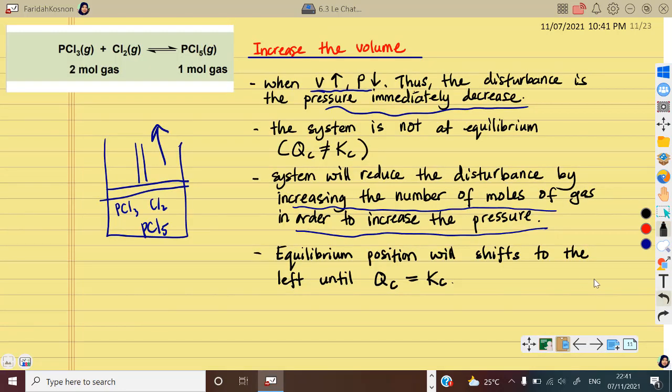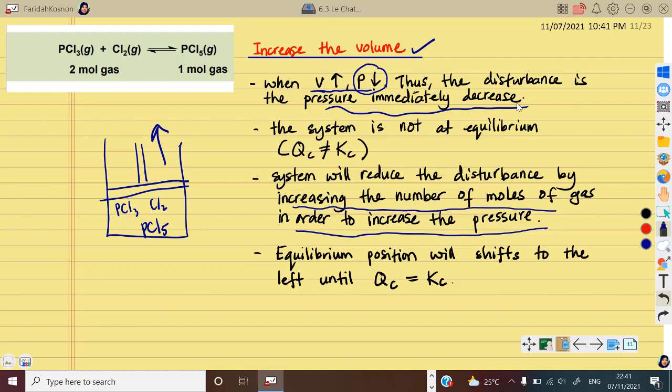Alright, the next example ataupun perbincangan kita adalah kalau the volume of the container is increased. Okay, maksudnya kalau saya ada sistem ini, saya nak increase the volume, saya akan tarik piston ni ke atas. So, when the volume of the container increases, the pressure of the gas in the system immediately decreases.